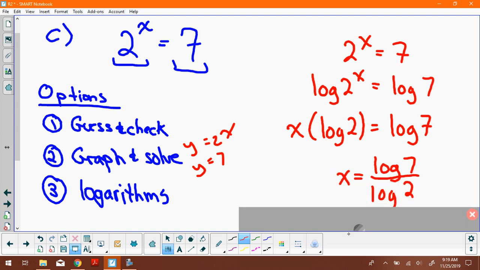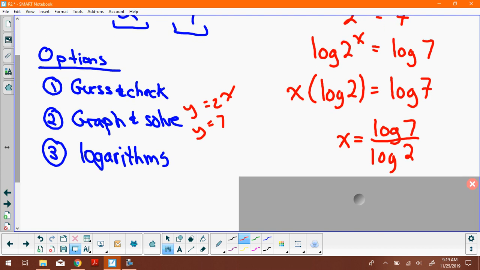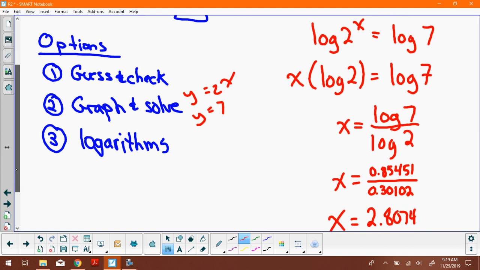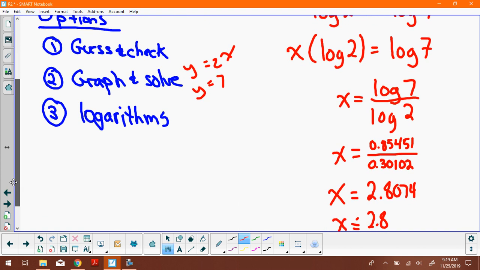So I get log 7 over log 2. Then we just run that through our calculator. I did it in 2 steps here, but if you can do it in 1 step, it comes out to about 2.8. So that's how you can solve the equation with logarithms.